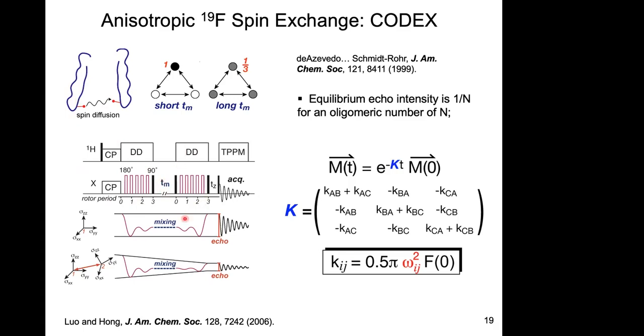And the purpose of the second pi pulse train is to cancel the effect of the CSA recoupling of the first one. For that cancellation to occur, the 90-degree pulse phase has to be controlled just right.